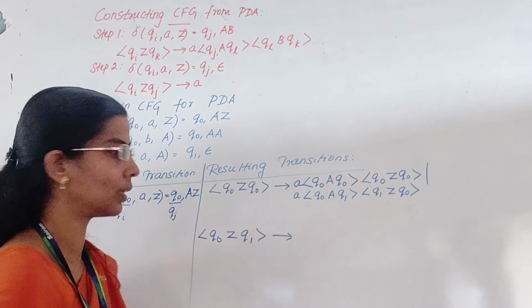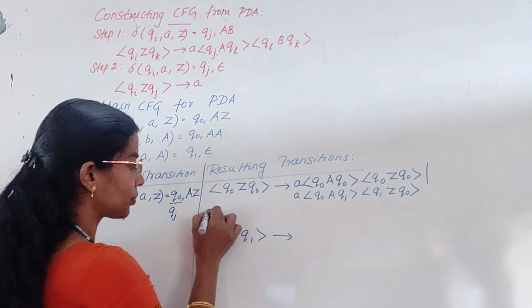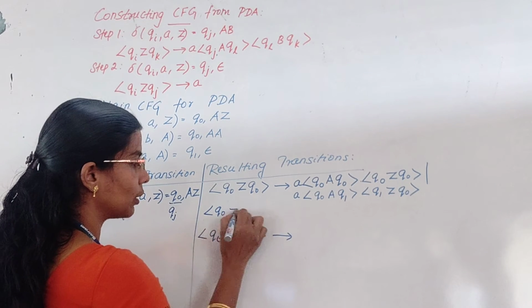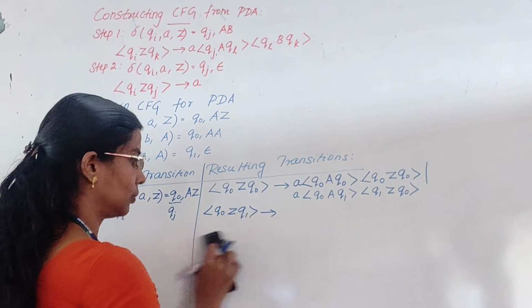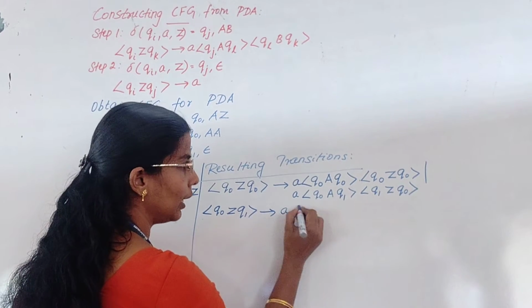That's it. Next, Q naught, set Q1. So it is A.